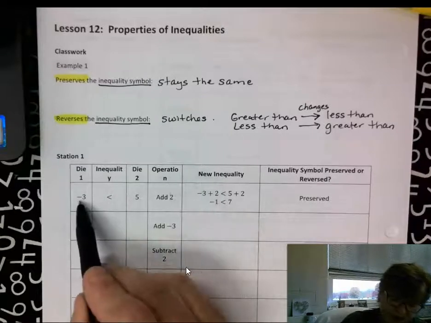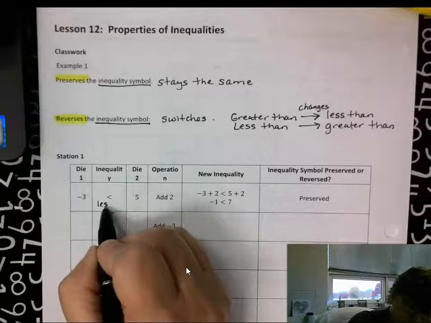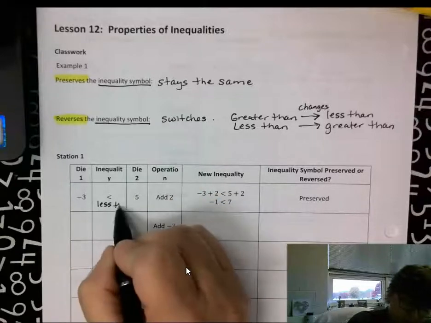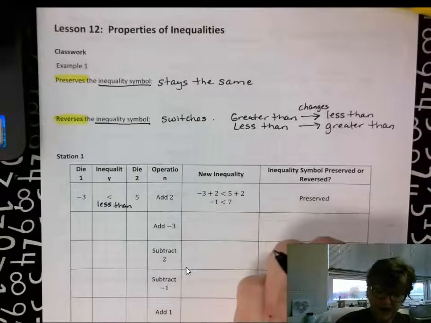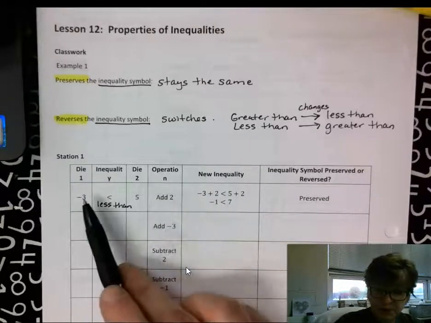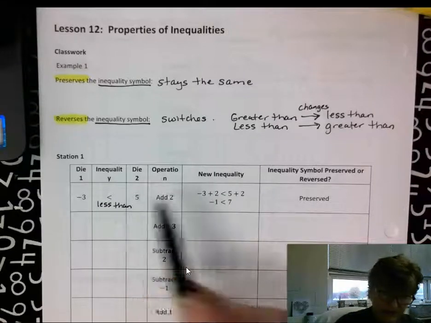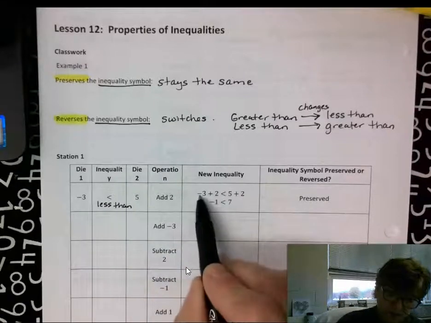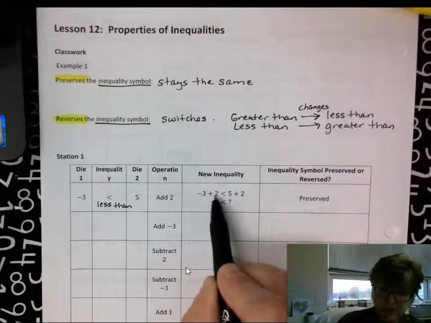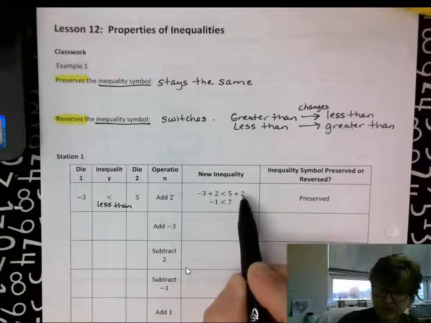And obviously, -3 is less than 5. Now what I want us to do is add 2 to both sides of this inequality. So it becomes -3 plus 2 is less than 5 plus 2.